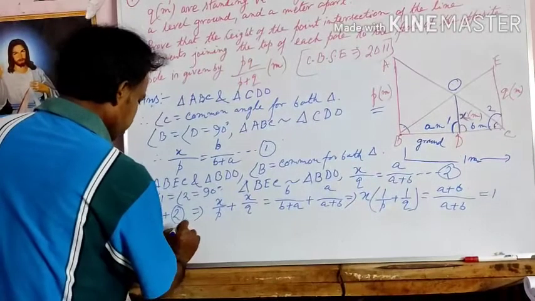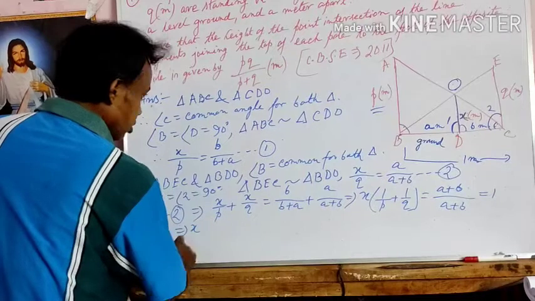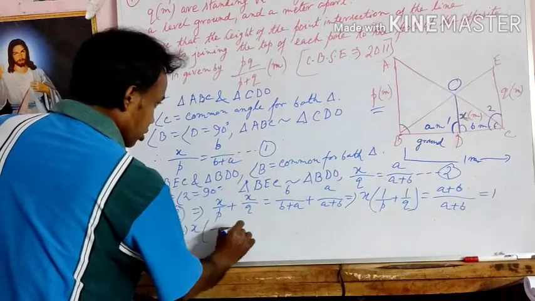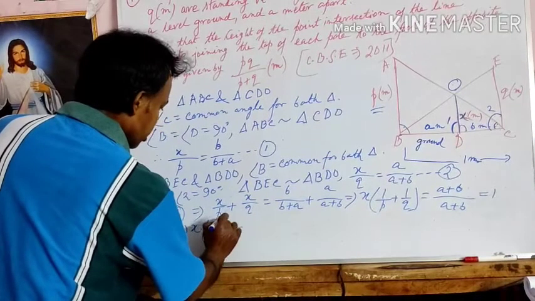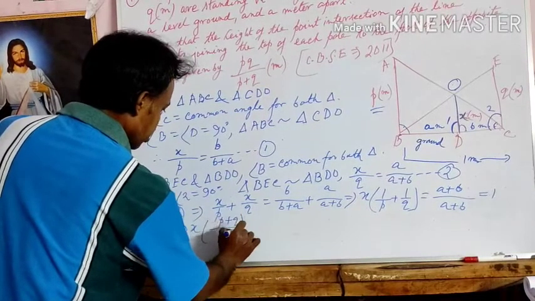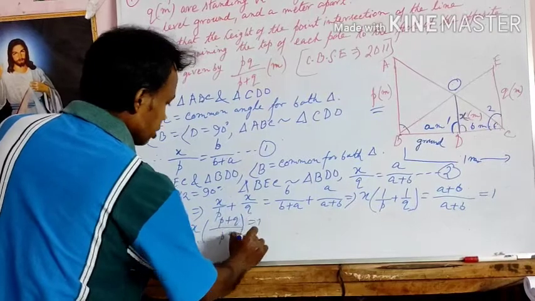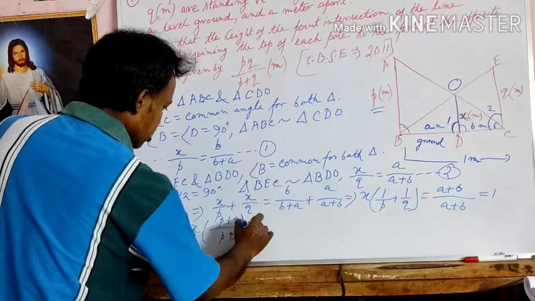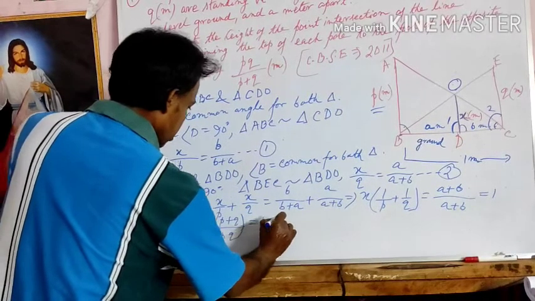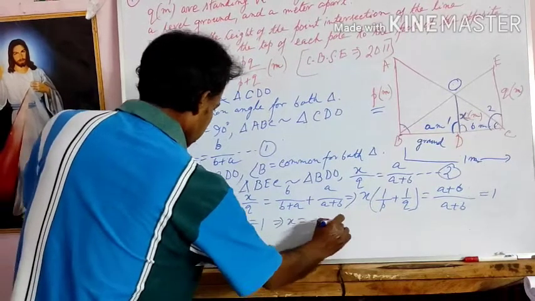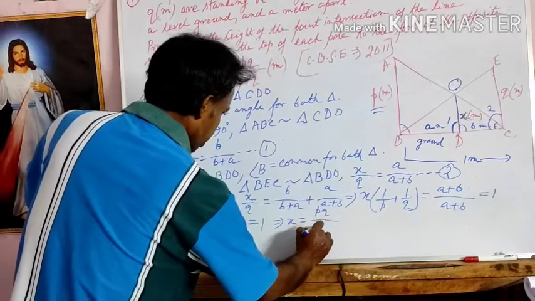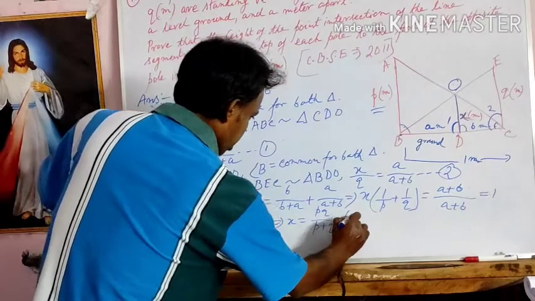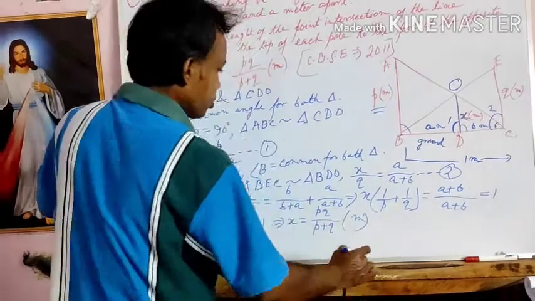Or we can write, PQ will be the LCM, so x into P plus Q by PQ is equal to 1. Or we can write x is equal to PQ by P plus Q meters. Proved.